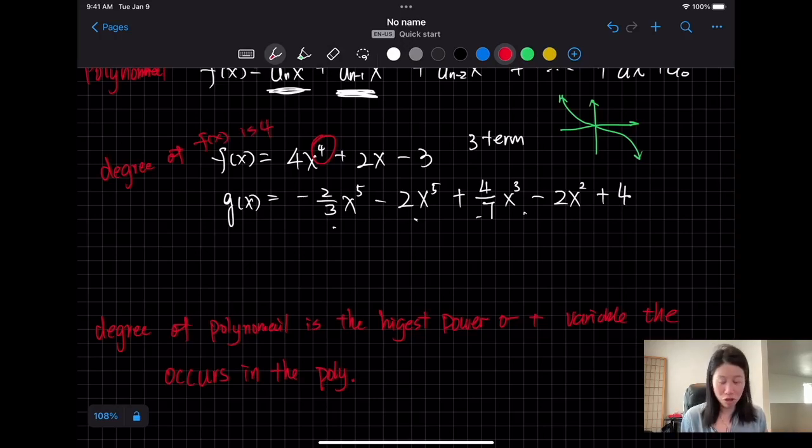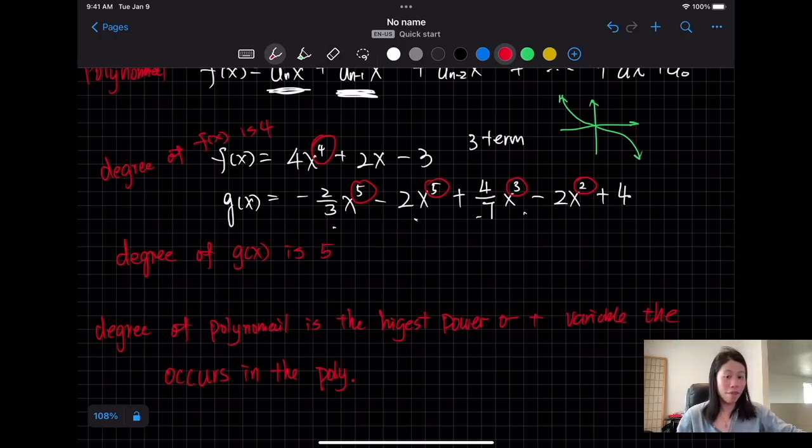And now let's look at the g(x) function. What's the degree of the g(x) function? Now we need to look for the highest power. We have 5, we have 3, and 2, and another 5. So the highest power is going to be 5. So it means the degree of the g(x) function is 5.